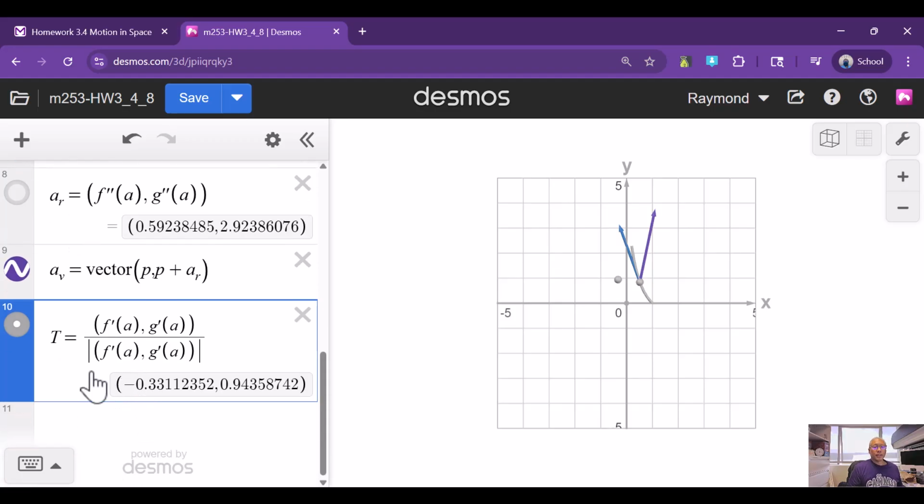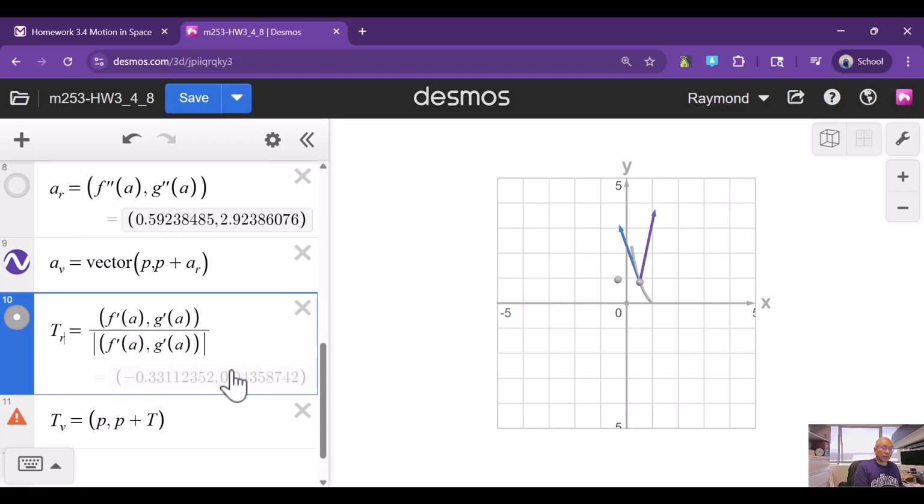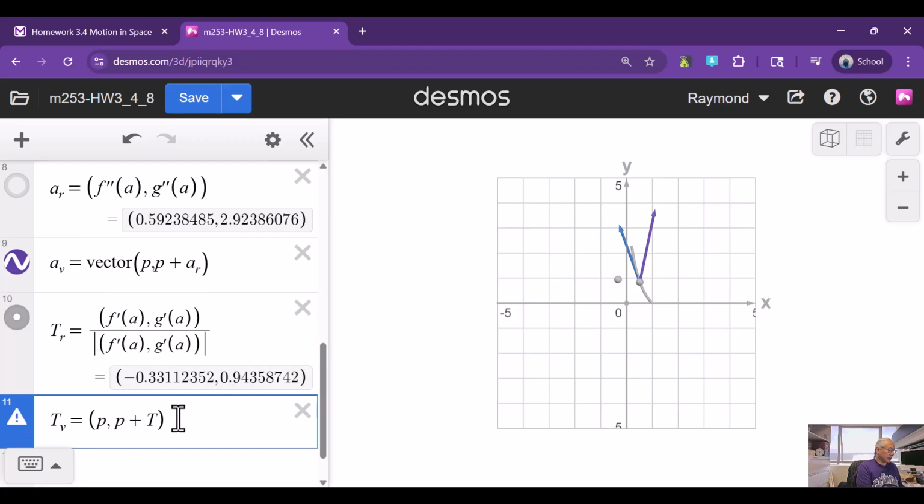And then let's actually make it into a vector, which means it should be a vector from this point P. So I'm going to call this T sub V, like I've been calling all the others before. And this is going to be from the point P to P plus the T that we just found. Oops, I'm sorry, I didn't need to call it T sub R, but I do need to say vector here.